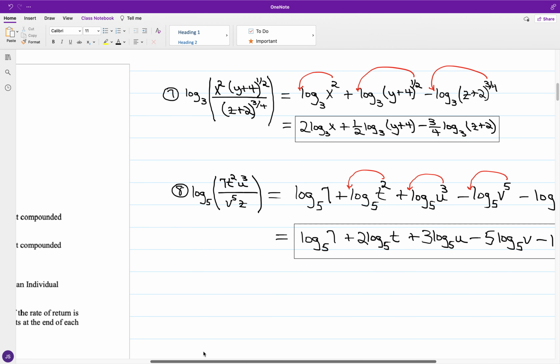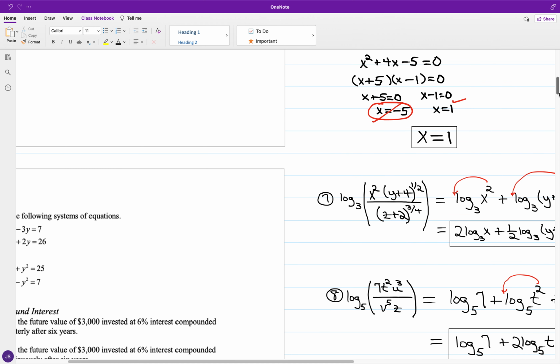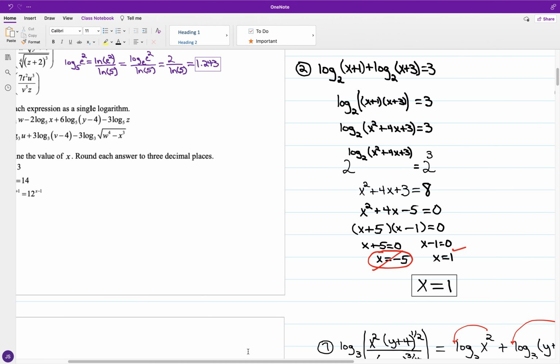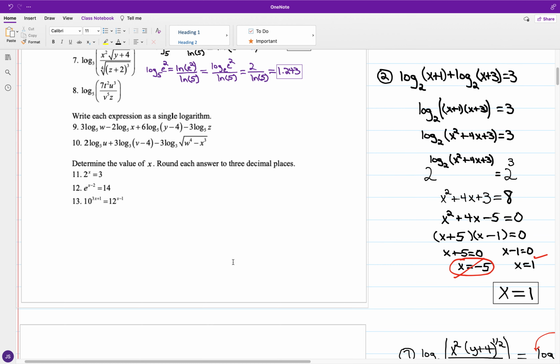So transitioning over from expanding to combining logarithmic terms, we have the next 2 items. So we have number 9, with expressions in w, x, y, and z.